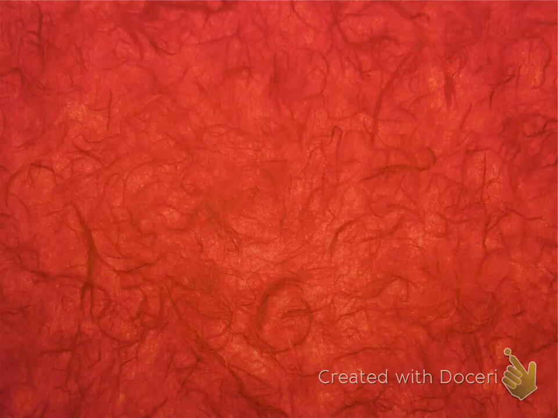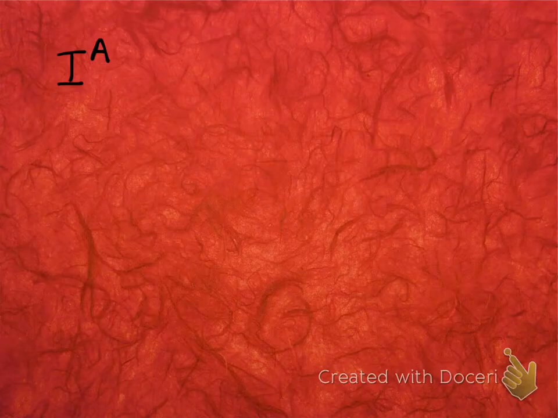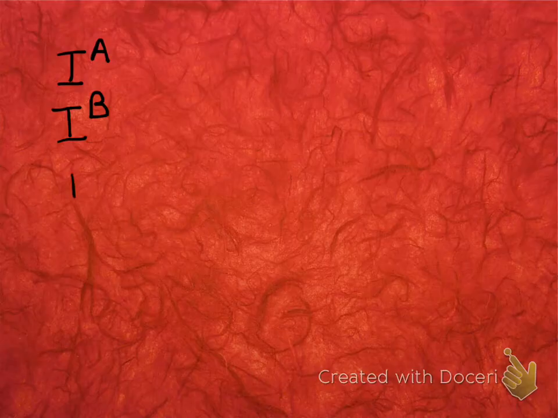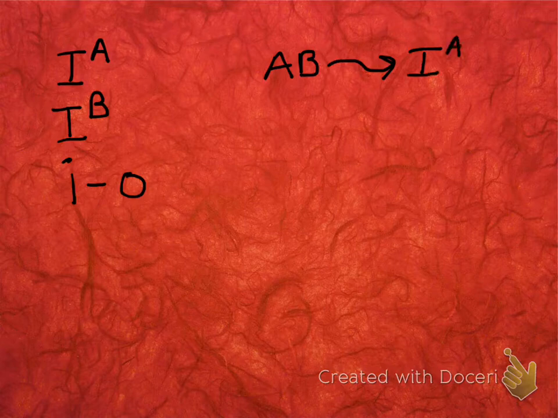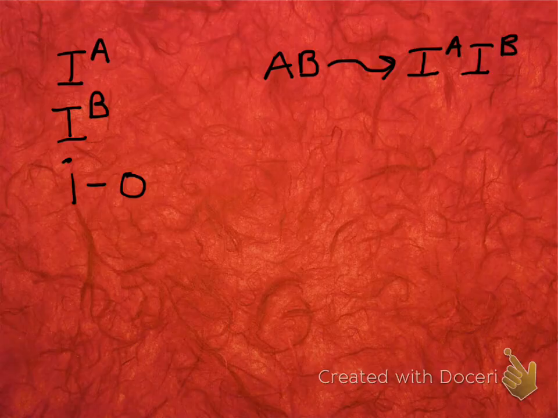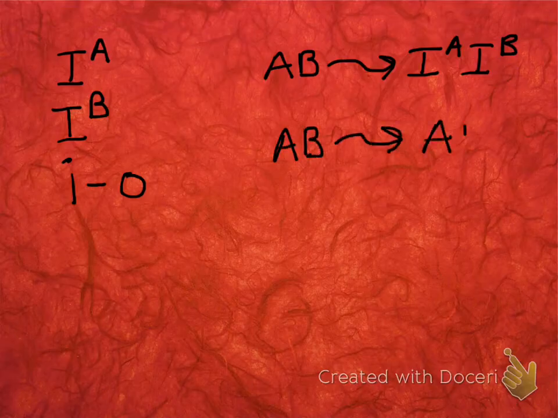Now, on your paper, you're going to notice that it's written slightly differently. So officially, we use a capital I with an A for the allele for an A, an I with a B for the allele for B, and a little i for the allele for O. So like type AB blood would actually be written as I with a superscript A and I with a superscript B. Is it okay with me if you just write type AB blood as AB for the genotypes?